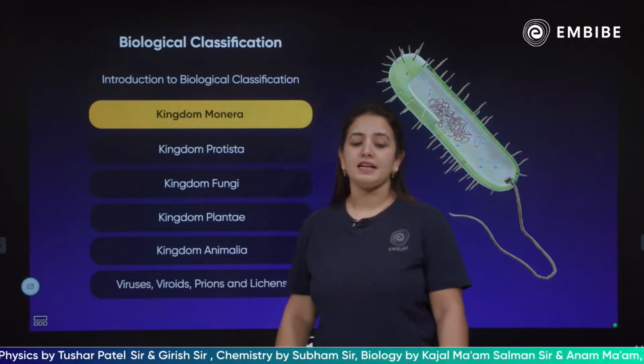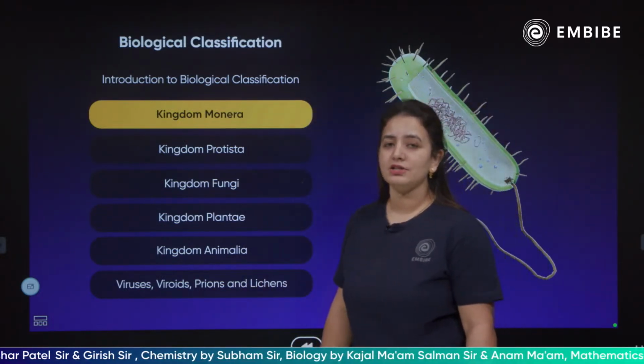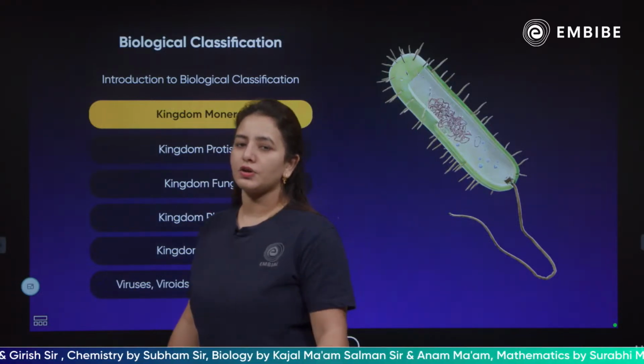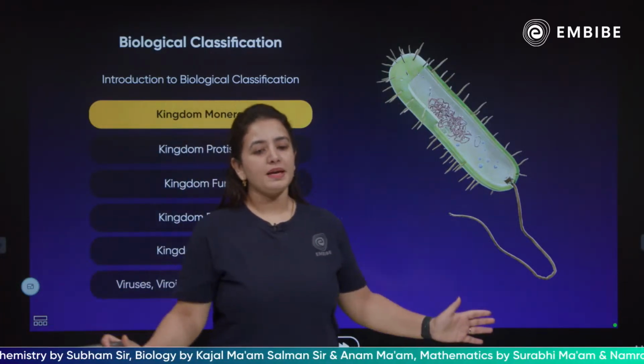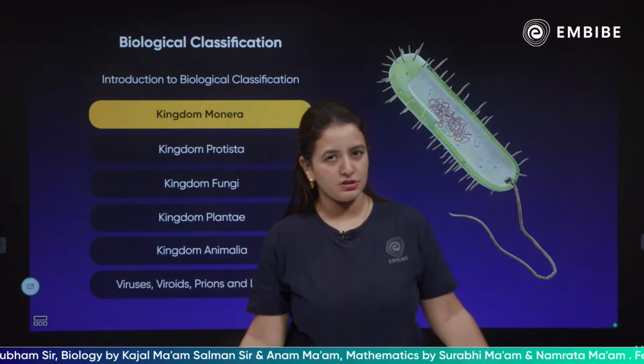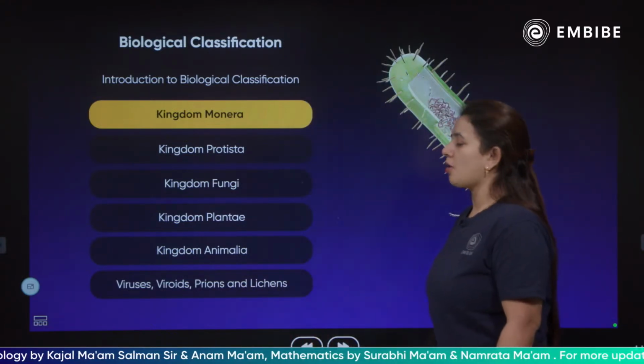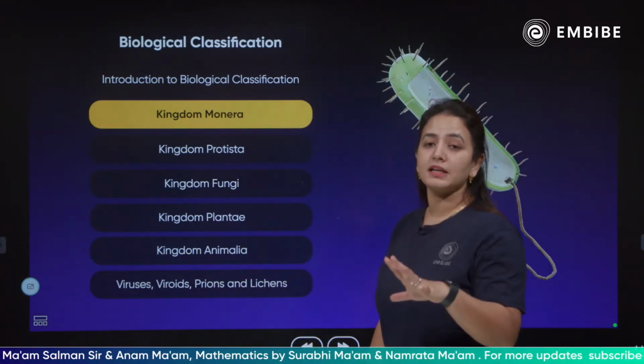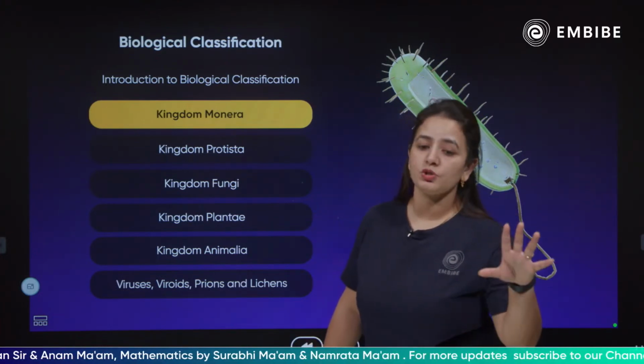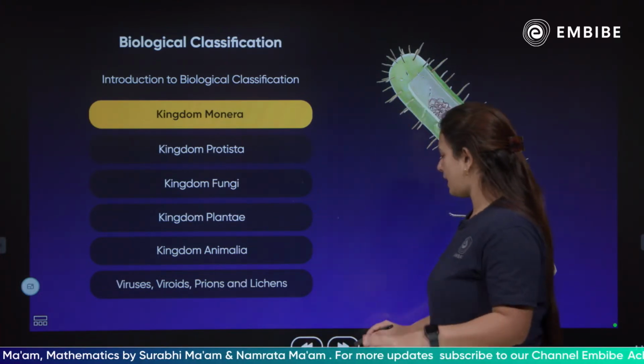We also have viruses, virions, prions and lichens to discuss. We will discuss all these topics in the respective sessions, but in today's topic we are only going to discuss the kingdom Monera and the 2 sub-kingdoms, Archaebacteria and Eubacteria.